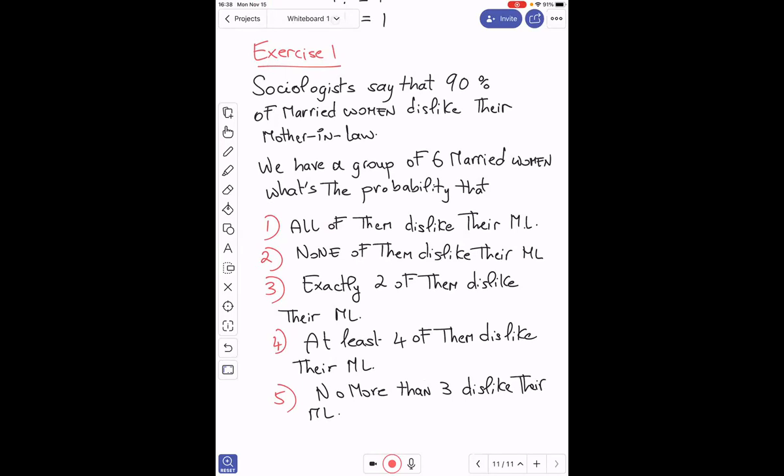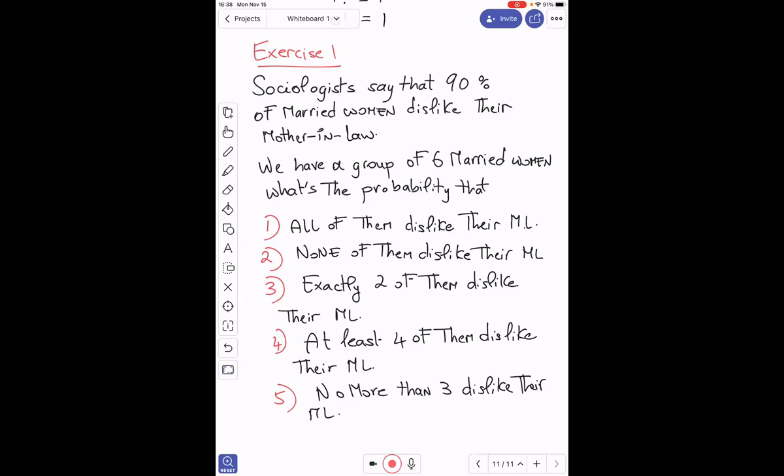It's an experiment with only 2 possible outcomes, right? Either success or failure. Of course, here you don't really see the success and the failure, right? So, but the thing is, you're gonna read carefully the exercise or the question, and you're gonna try to see what will be the success or the failure in the experiment, right?